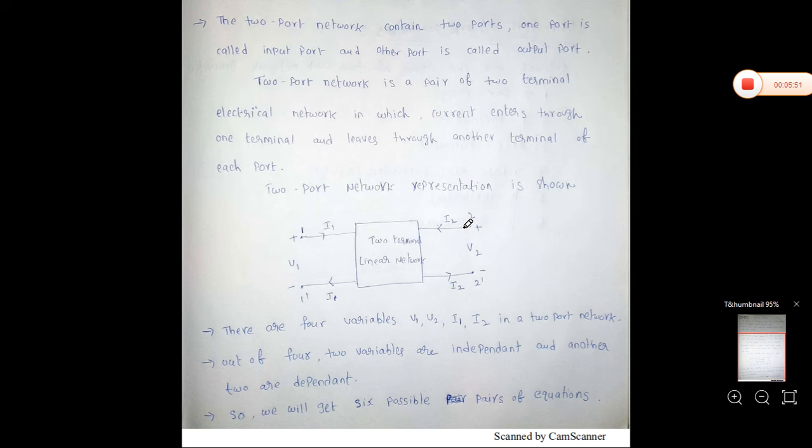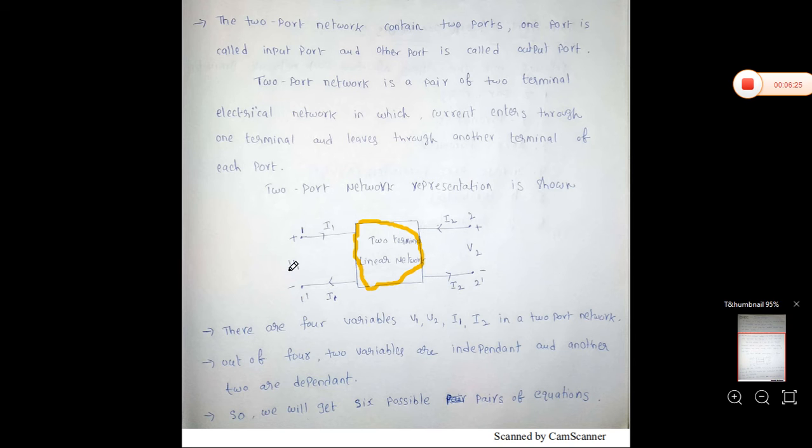In any topic, the direction of current is always towards the network only, except in ABCD parameters, which I will explain in that topic. So I1 is always towards the network, and I2 is also towards the network.